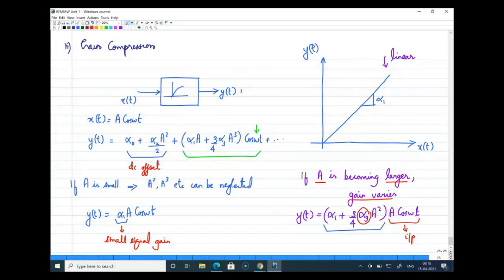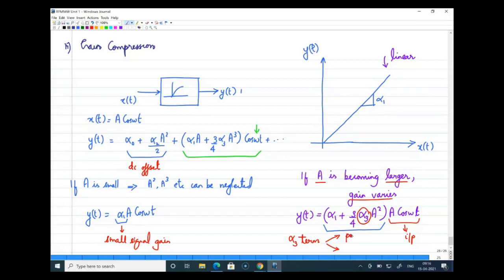If A is becoming larger, your gain will vary, and that variation is primarily depending on this term alpha 3. If alpha 3 is a positive value, as Lalit mentioned, you will definitely see an exponential increase, some kind of an expansive behavior.